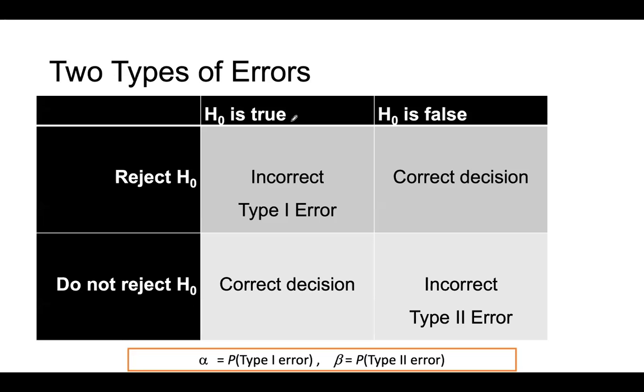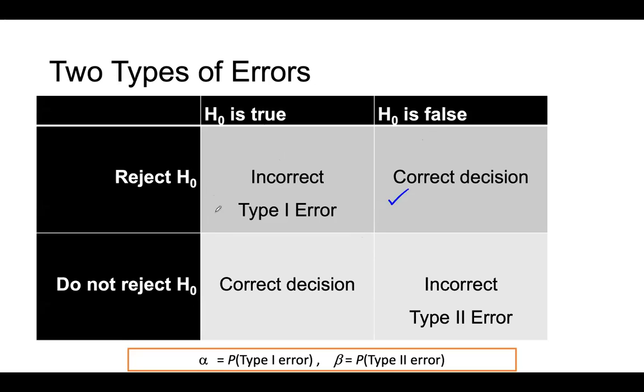So there are types of errors that can be introduced here. Let's look at the correct decisions. If the null hypothesis is false and you reject the null hypothesis, then that's okay.